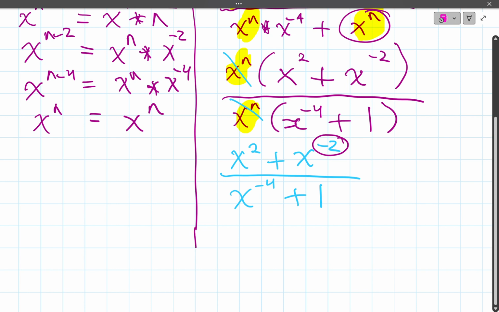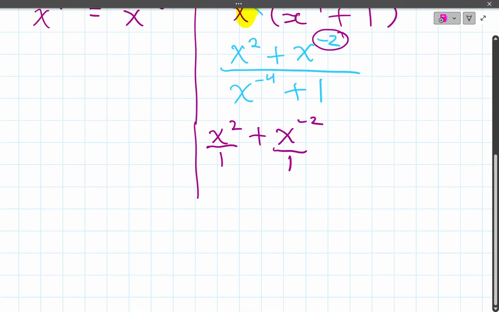I'm going to make this negative indice positive, and I'm going to do the same on the denominator, but I'll start with the numerator. So x squared plus x to the negative 2, let's put them both over 1, so we've got a vinculum to work with. The x squared can stay where it is. It is a positive indice, so we'll leave that in the top.